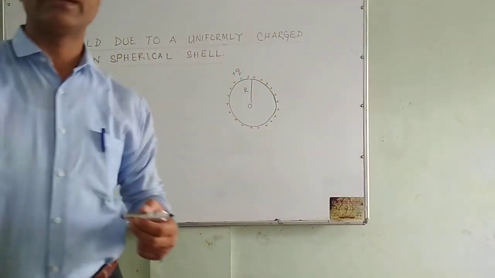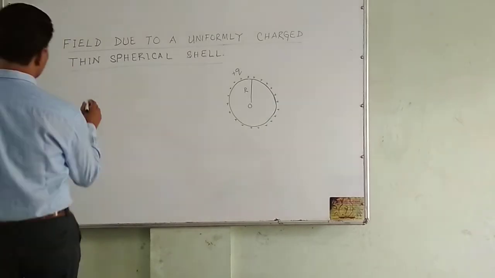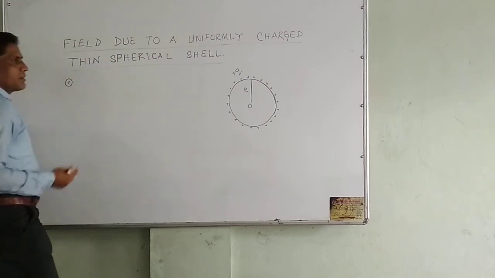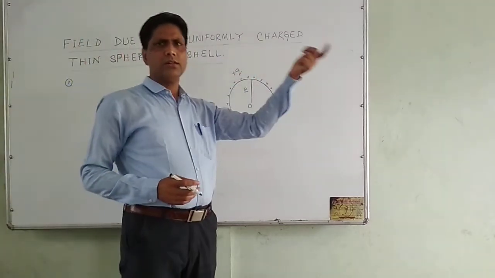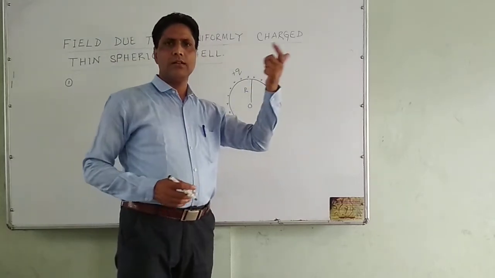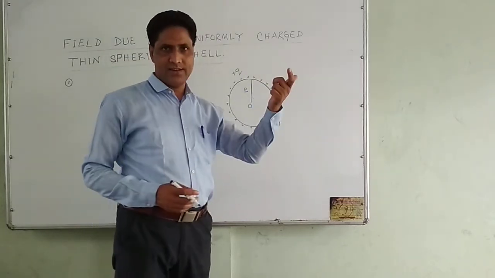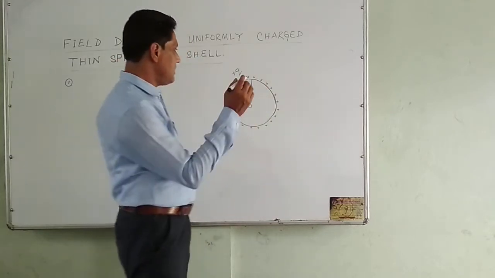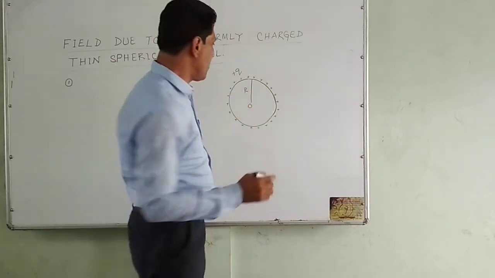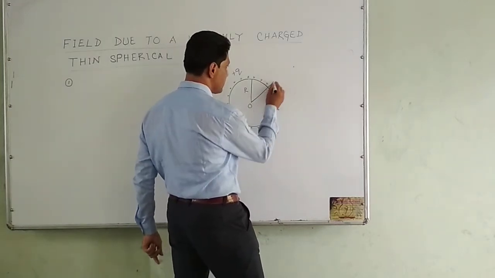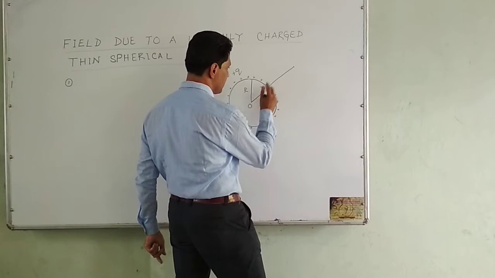Let us begin with, as I said, the three cases. To find the electric field, we will consider a point P, the observation point, at a distance R from the center.